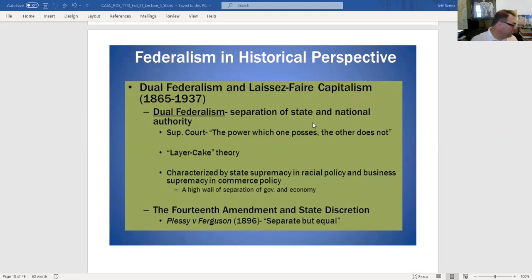Now, if you will look on page 80 of your textbook, underneath the picture, go down to the beginning of the third full paragraph where it says, no one questioned the power of the national government to regulate businesses.